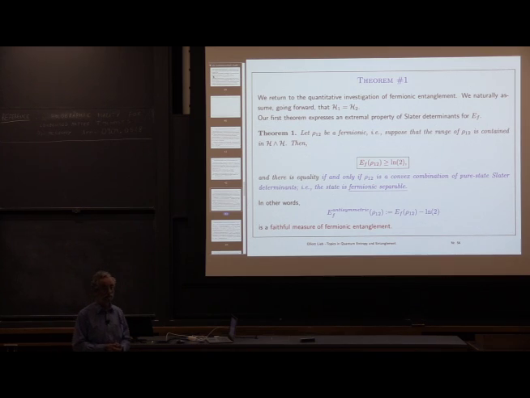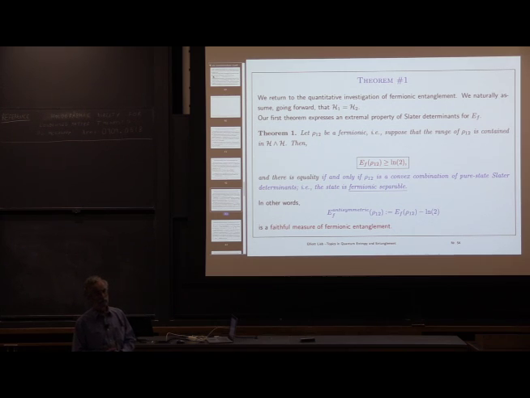Yes, sir. You said that EF is larger than log 2. Can you use that entanglement, for example, to produce Bell pairs? Can you use this non-zero? Yes. In that sense, it's, well, let's see. No, because Bell pairs are maximally entangled, and this thing is not necessarily maximally entangled.